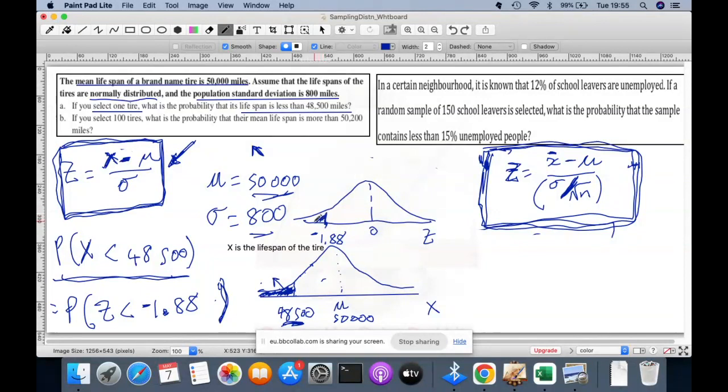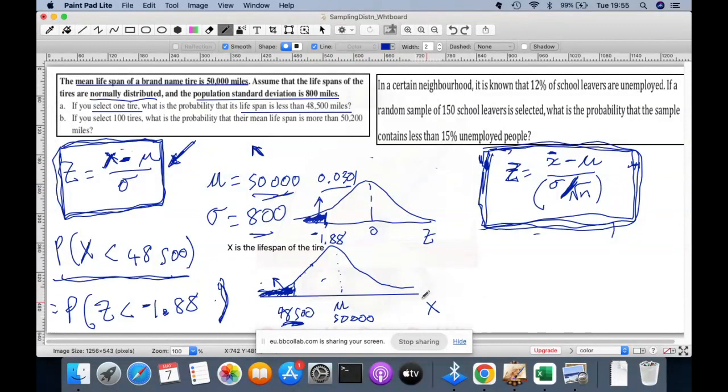We need to find this area here. If you go to your table, just like how we did last week, you will find that the area for the shaded region is 0.0301.